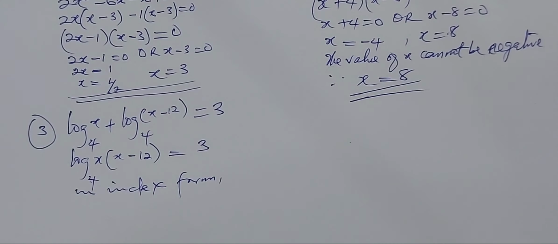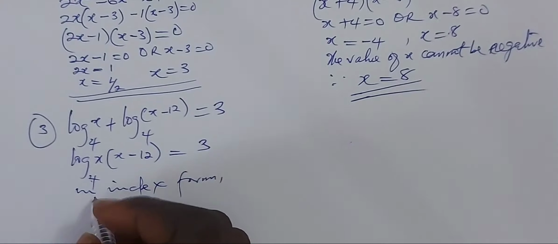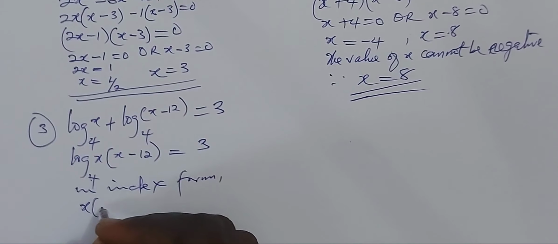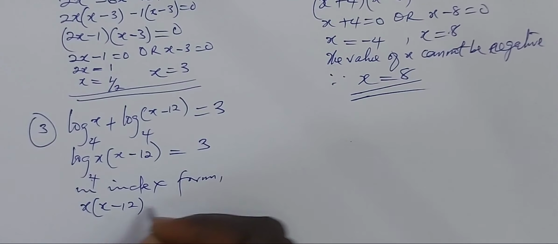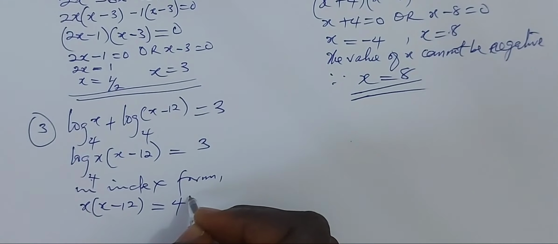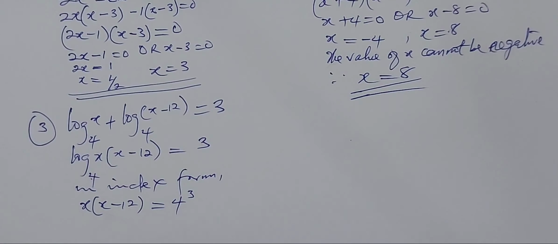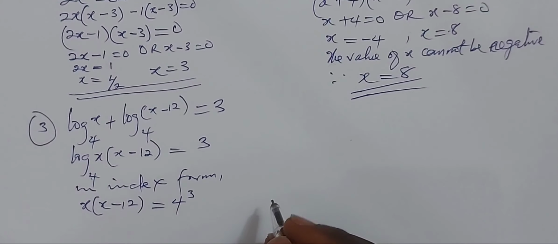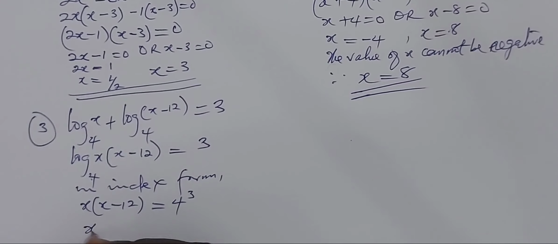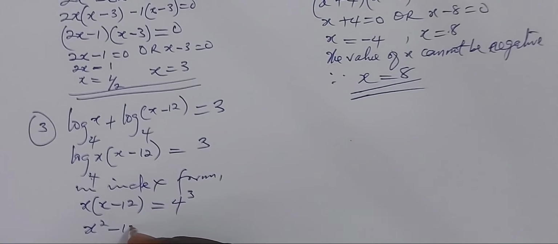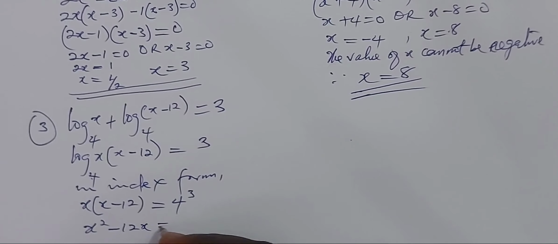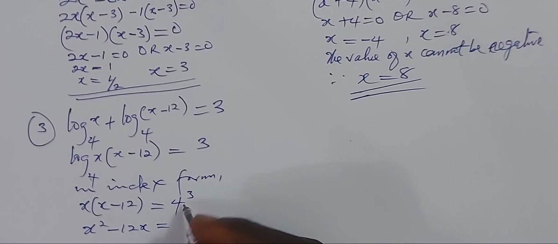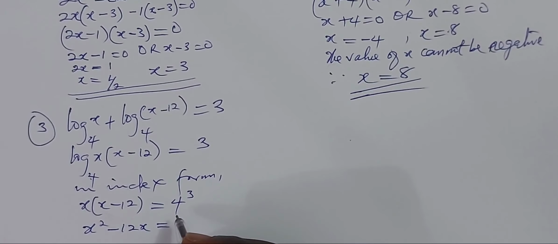x into x minus 12 is equal to 4 raised to the power of 3. And we open the bracket to be x squared minus 12x is equal to 4 raised to the power of 3.